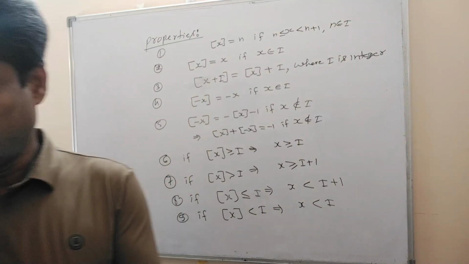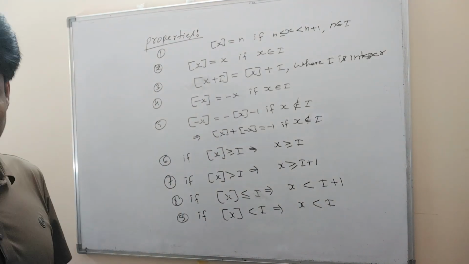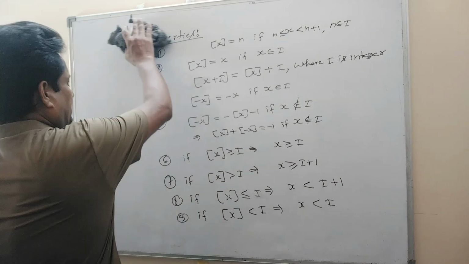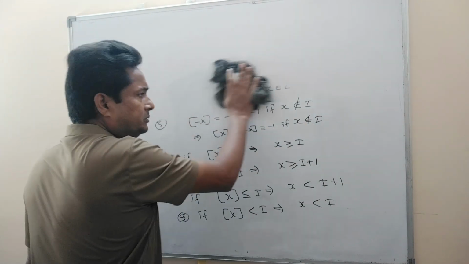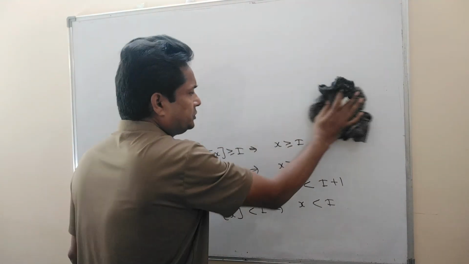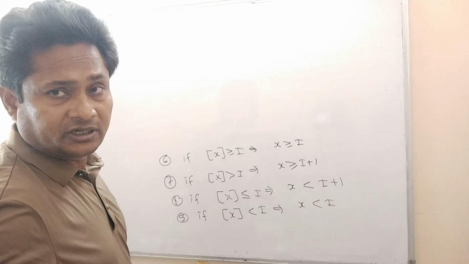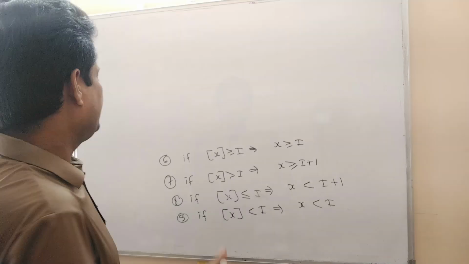These are the properties. Next property is what? We will do questions based on these properties. First, I am listing all the properties here.